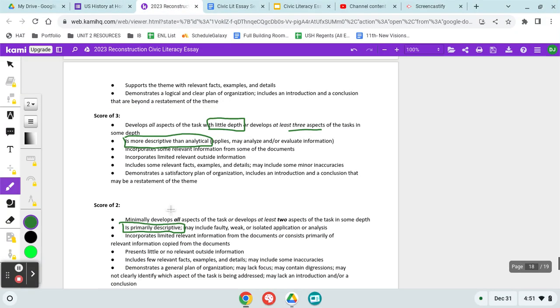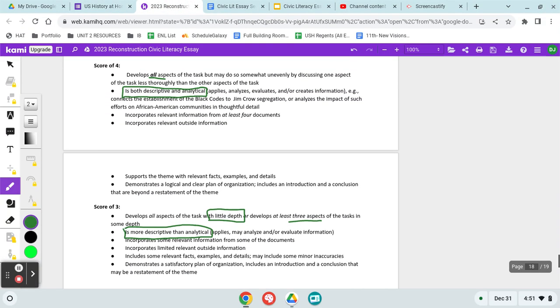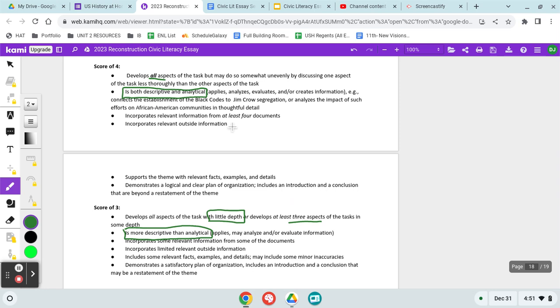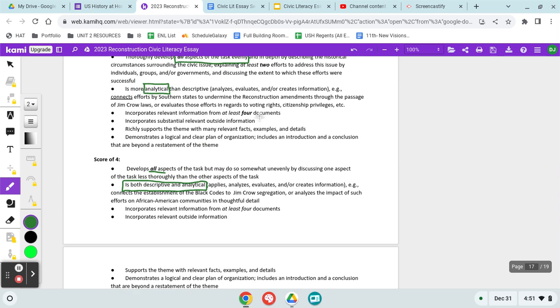So the last thing about the rubric, where did it go? The last thing about the rubric is this outside information piece. You should, in addition to incorporating information from 4 documents, also include some outside information. And we'll talk about this in a minute when we look at document annotation, but you should not just base your writing off the Regents provided documents.